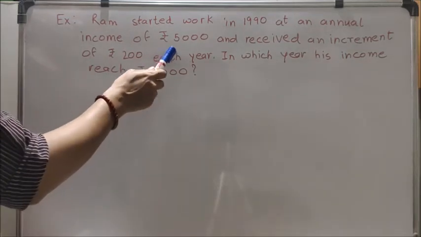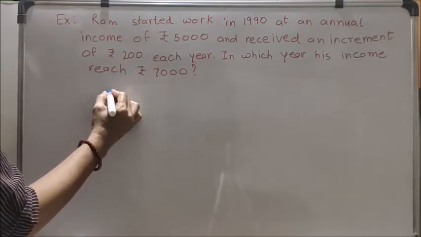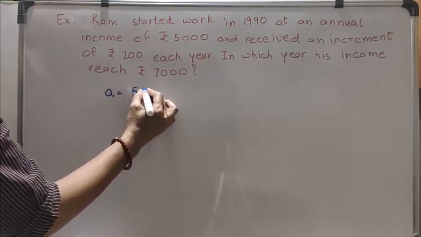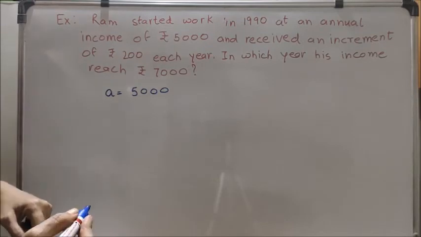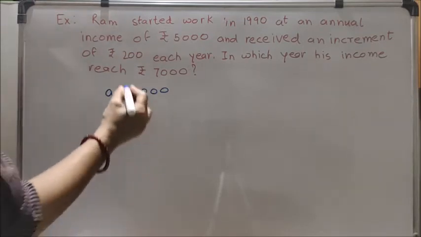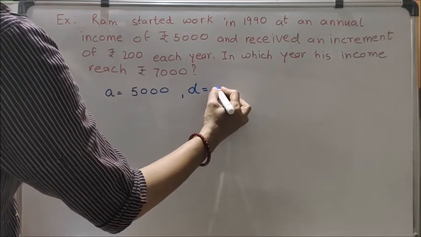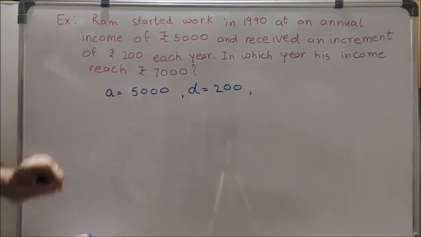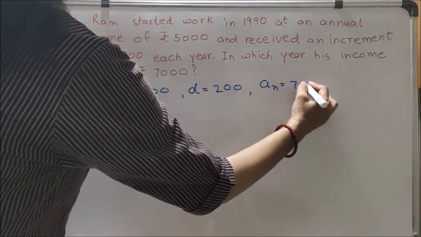And he started at 5,000. That means in this part we have A, that is the first term, as 5,000. Definitely every year there is an increase of 200. That means it is an arithmetic progression, right? So the common difference D is rupees 200. And he has to reach 7,000. That means AN, that is the last term, is 7,000.